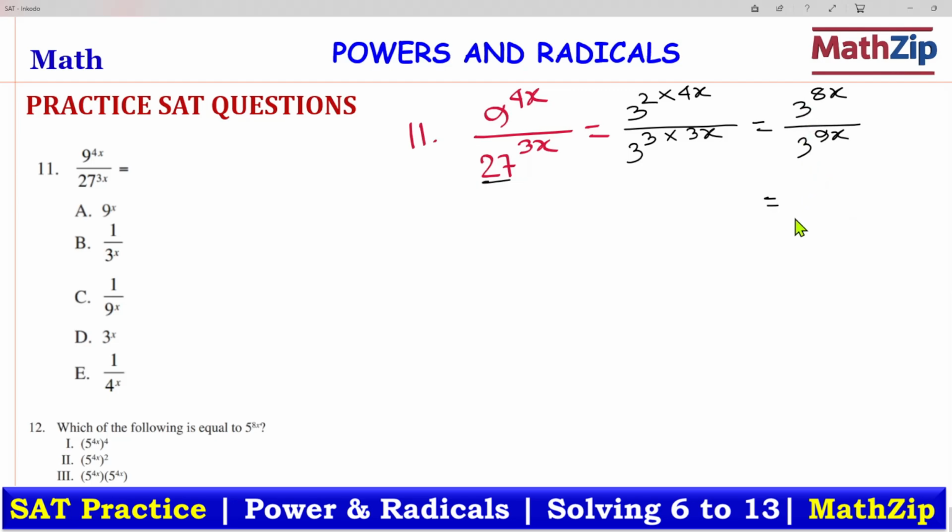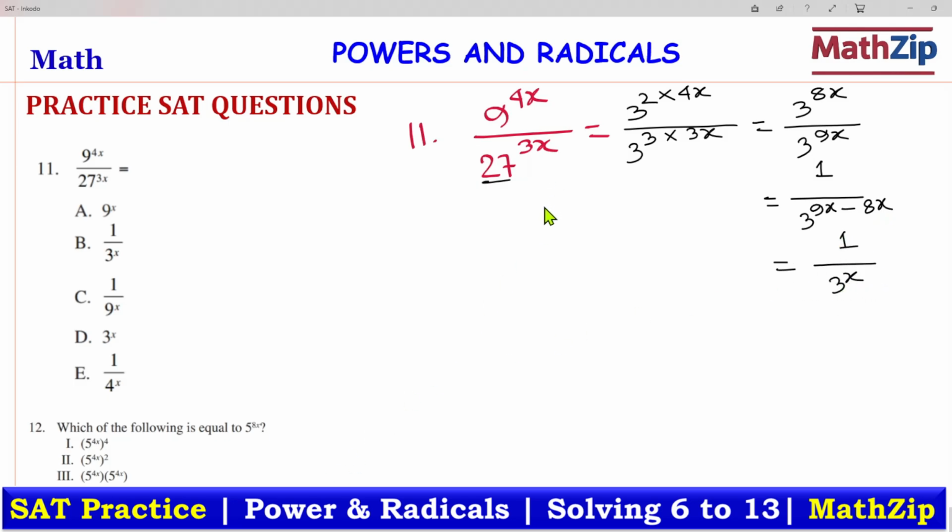In division, what can we do? In division we know the power will be subtracted, so we can write 1 divide 3 to the power 9x minus 8x, it means 1 divide 3 to the power x.